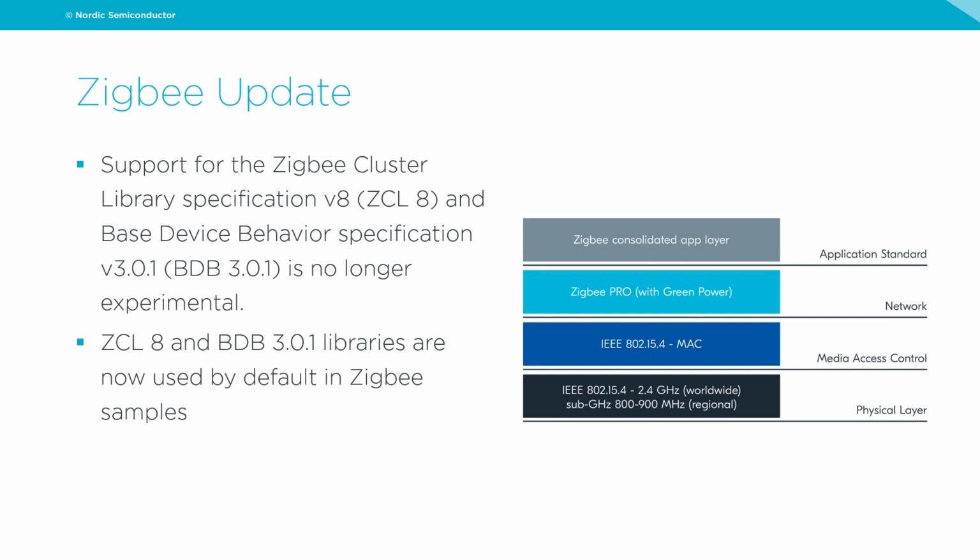That's why the nRF Connect SDK provides support for both BDB version 3.0.1 and Zigbee Cluster Library version 8, enabling certification and recertification of Zigbee products after the 1st of April 2022.